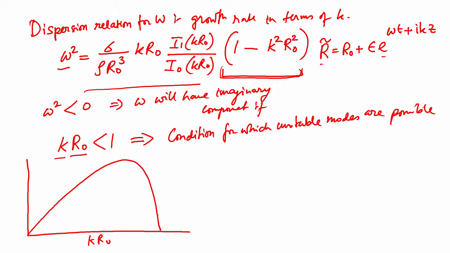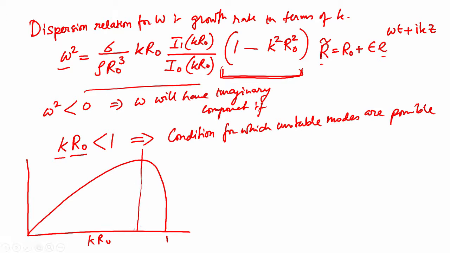So, it has a plot like this. This is 1 and it maximizes at a value of, if this is 0.6, this is 0.8. So, this is the maximum value which it attains, and this is my omega actually. So, this is omega by k r 0.